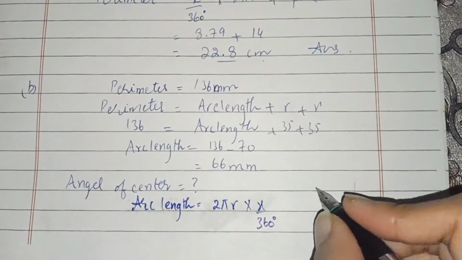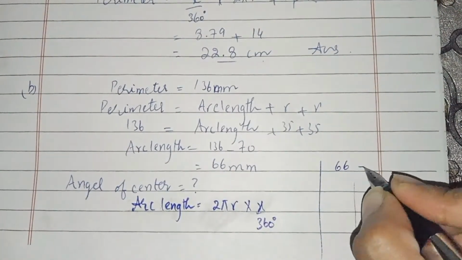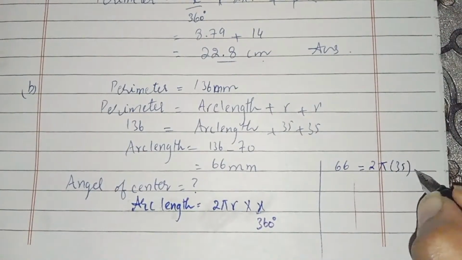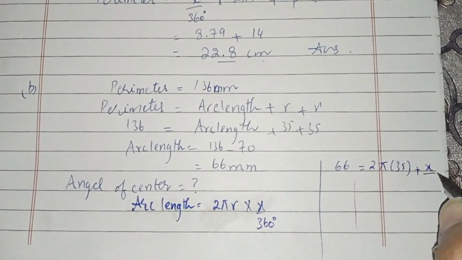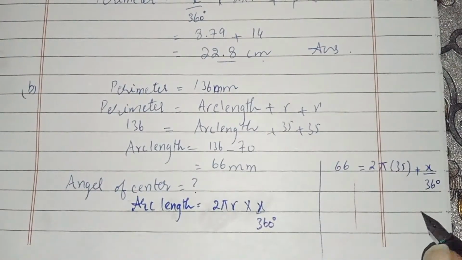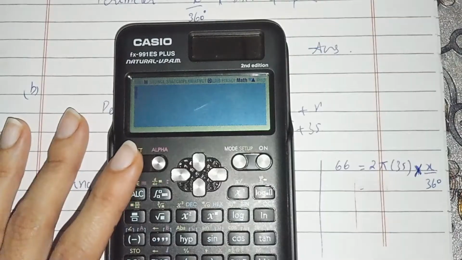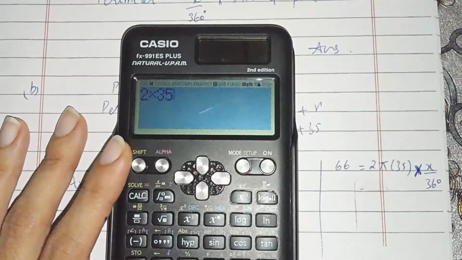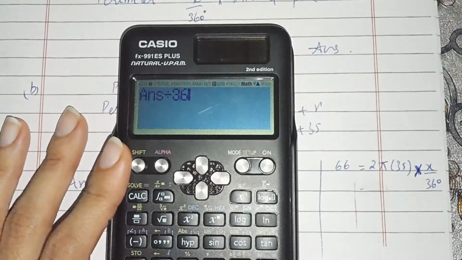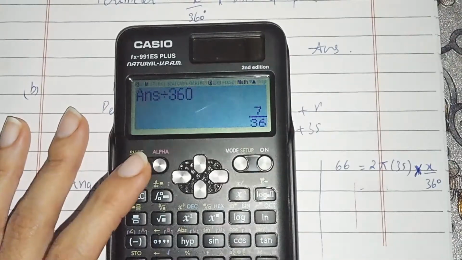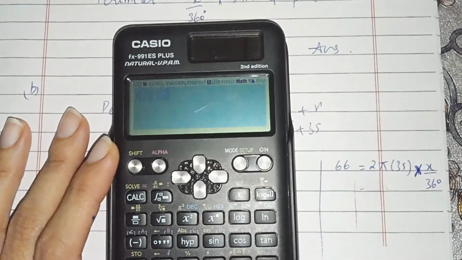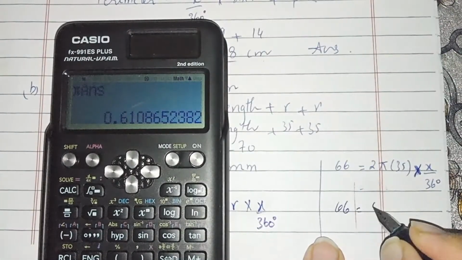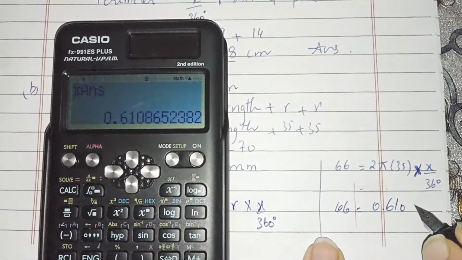Arc length we found there, this is 66, and 2 pi r with r as 35, and x we have to find, and this is 360 degree. Now students, 2 multiplied by 35 divided by 360 and multiply by pi, we get 0.6108 x.